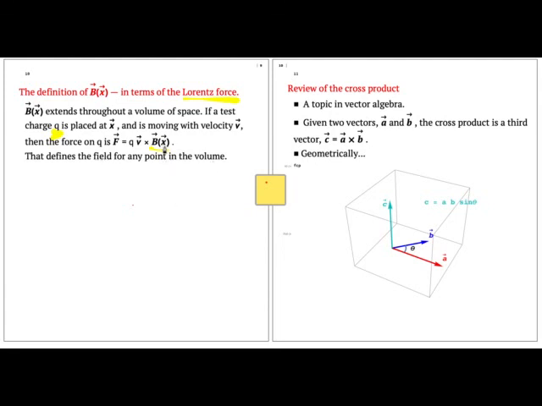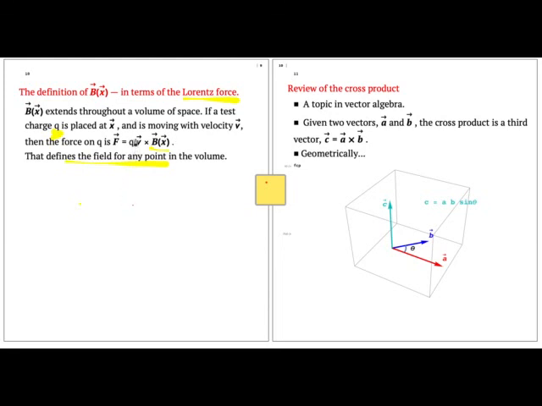At the point where you put this little test charge, you can determine its force, its field at that point. It's basically the force divided by the charge divided by the speed. But there's a complicated direction involved because of the cross product. But that's taken as the definition of B of x. It's the force per unit charge, per unit speed, acting on a test particle.